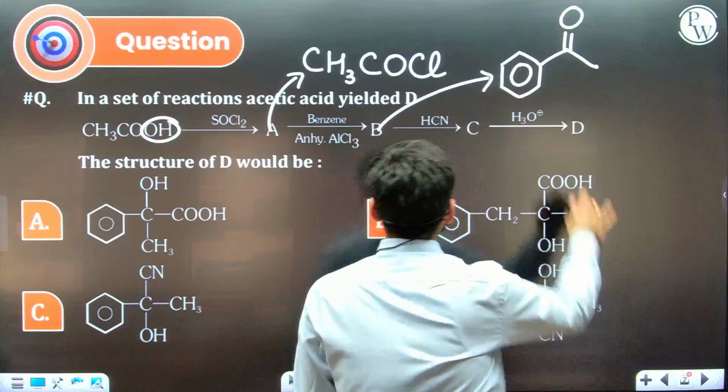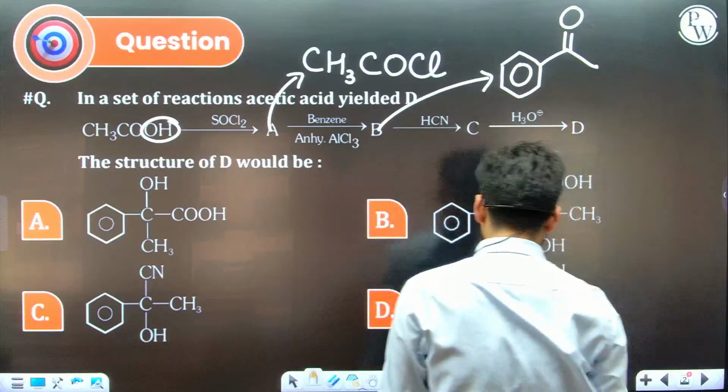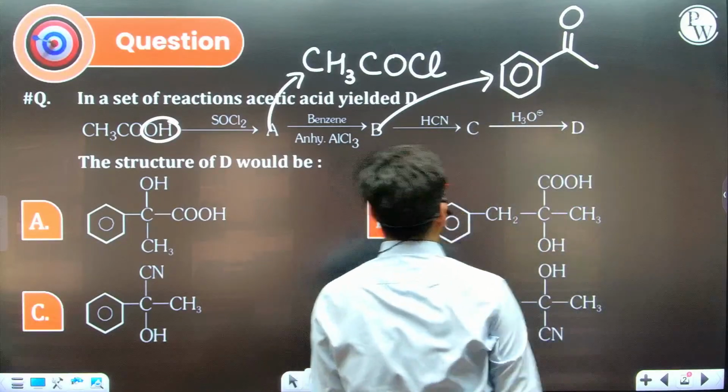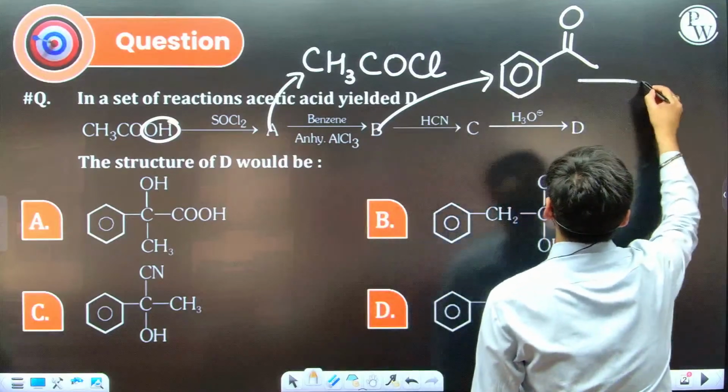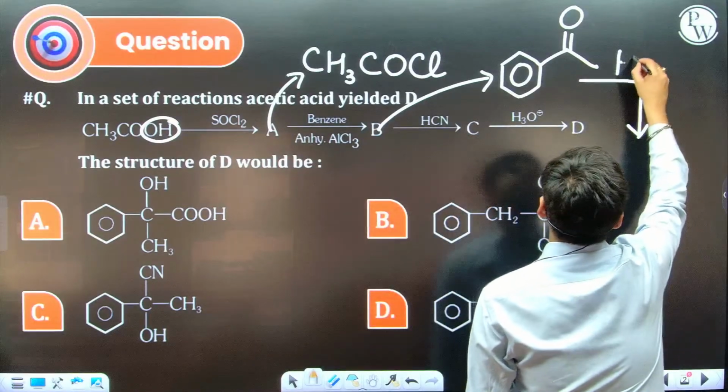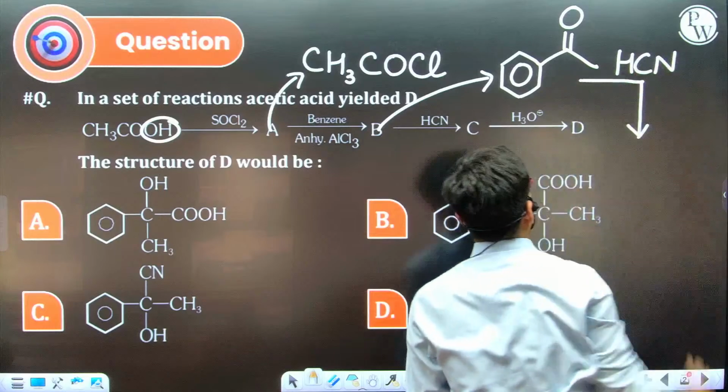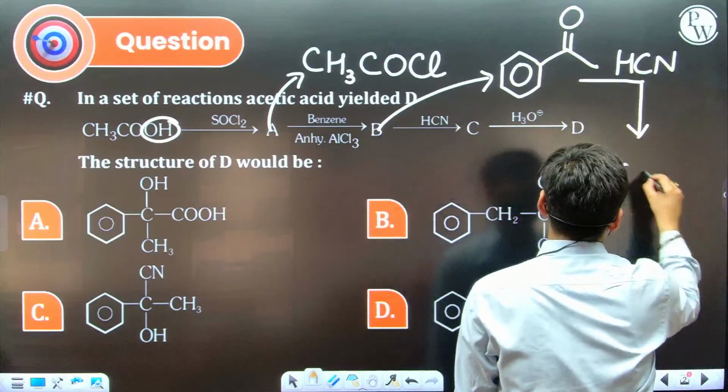Now B is treated with HCN. Let's see what is happening here. A ketone on being treated with HCN gives us a cyanohydrin.